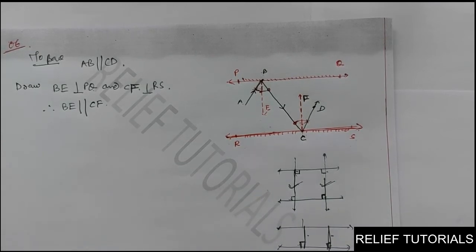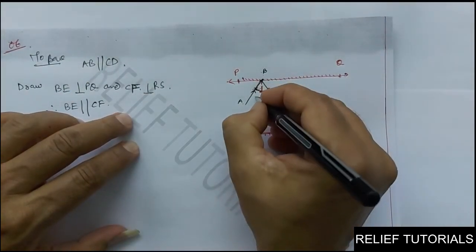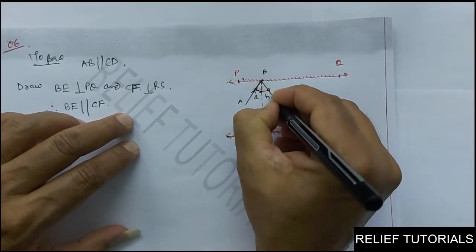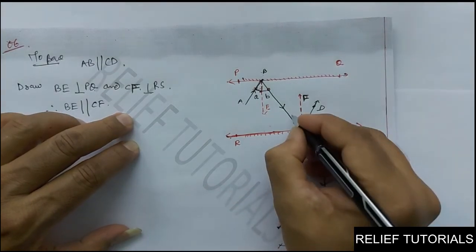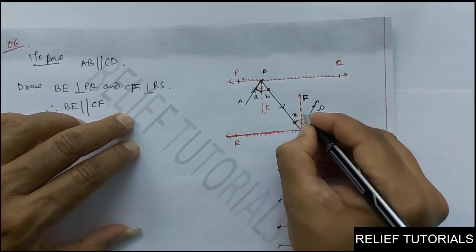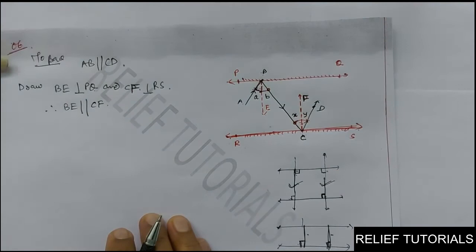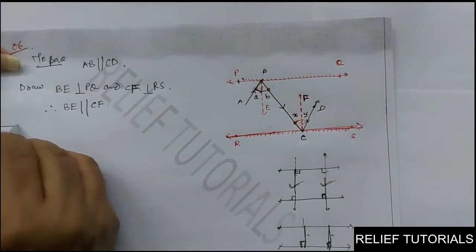Now, I will just assume here, this I will take as A, this I will take as B, this I will take as X, and this I will take as Y. Now here we will use a little bit of physics.